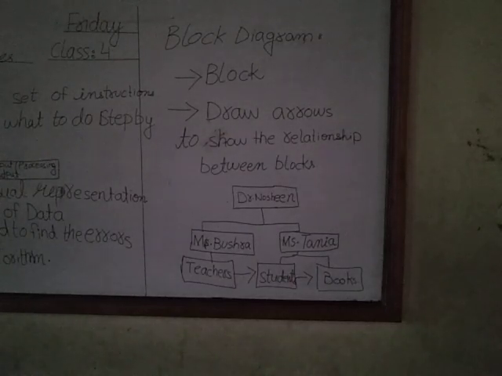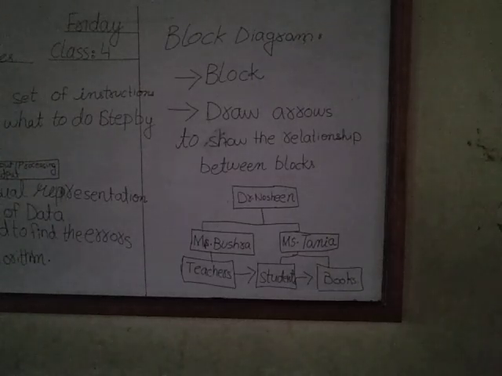Now class, I am giving you homework to draw a block diagram. Just draw the blocks, meaning rectangle shapes, and start linking them with each other. Your homework is to draw your family tree using a block diagram. Who is the first or biggest member of your family? Maybe your grandfather or grandmother.